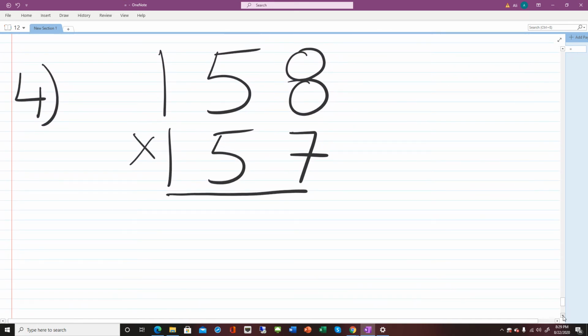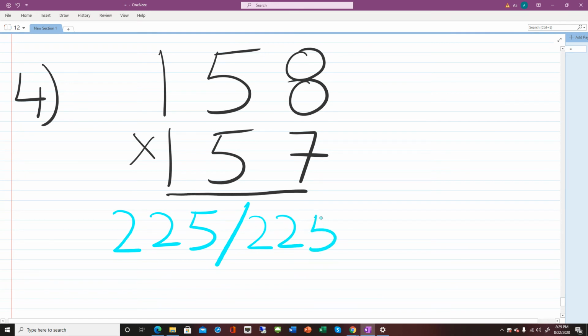Okay, 158 times 157, great. So 15 squared is 225. Cross multiply and add in step 2, so 15 times 7 plus 15 times 8 is actually 15 times 15, which is again 225, okay? Using the distributive property. And then last step, 8 times 7 is 56.